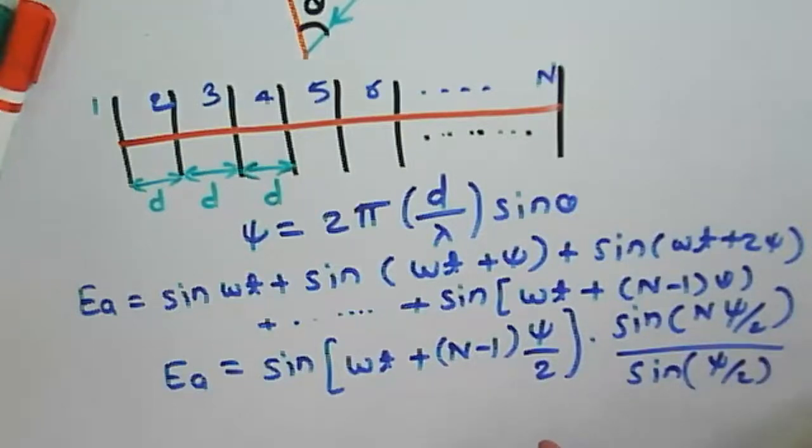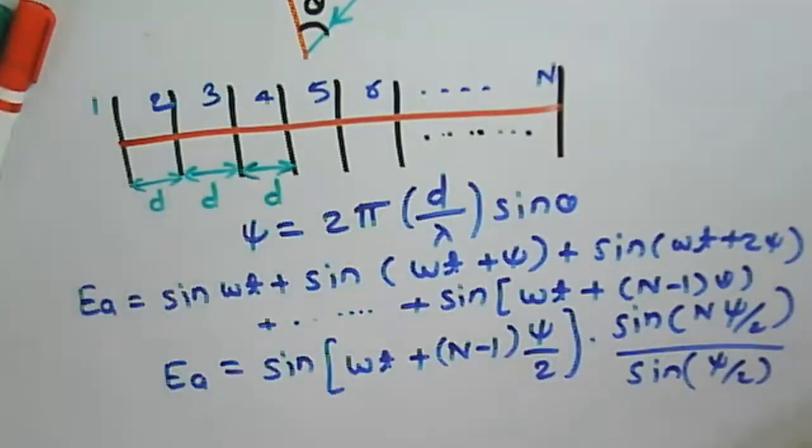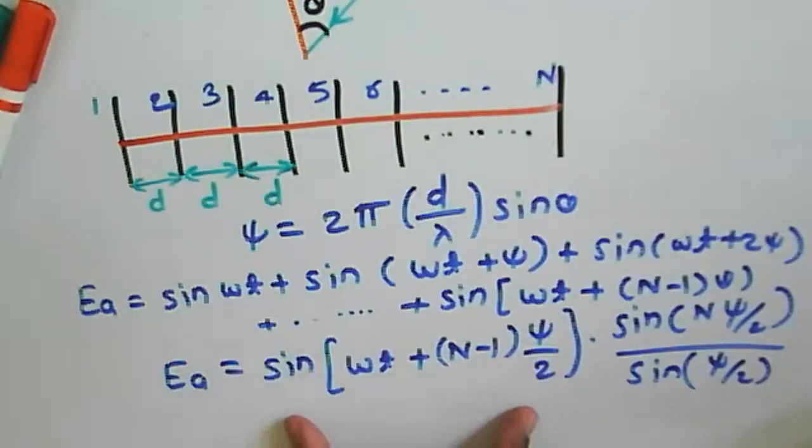Now this particular component, sine of n psi by 2 over sine of psi by 2, is called the array factor here, and that will provide the magnitude of the field intensity pattern or radiation pattern of the signal. And this factor depends on the phase and the frequency here.